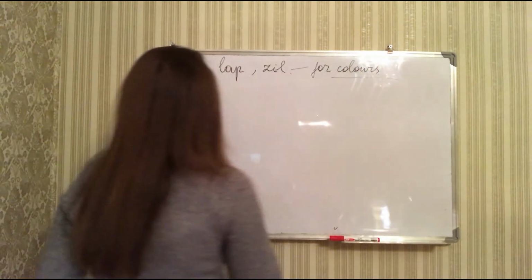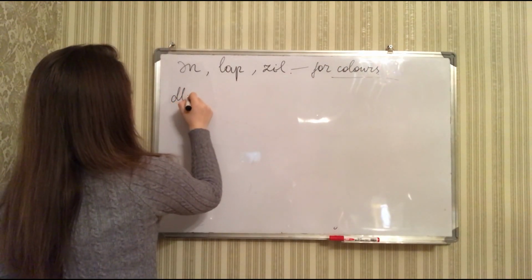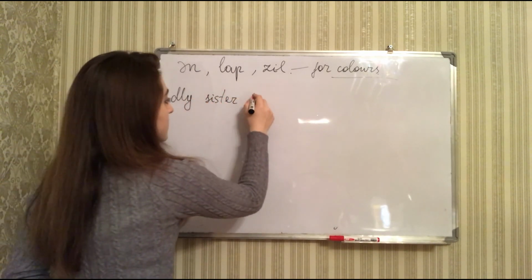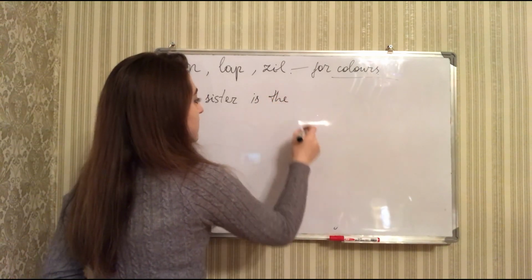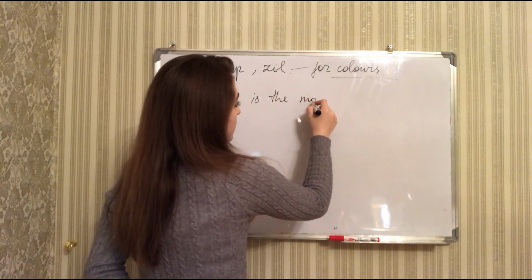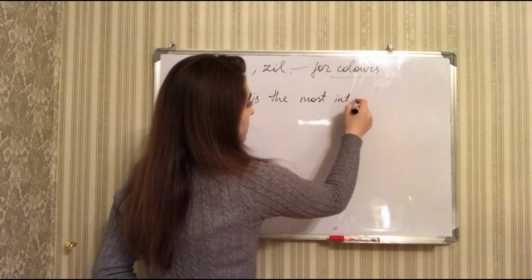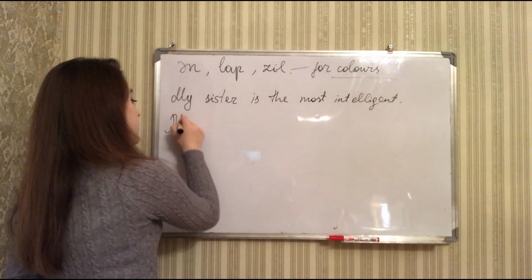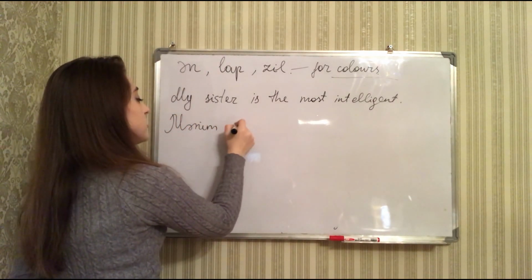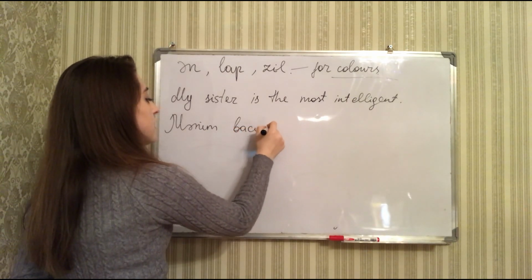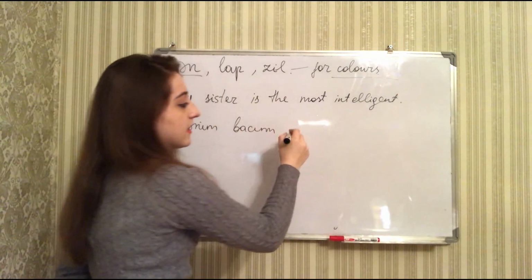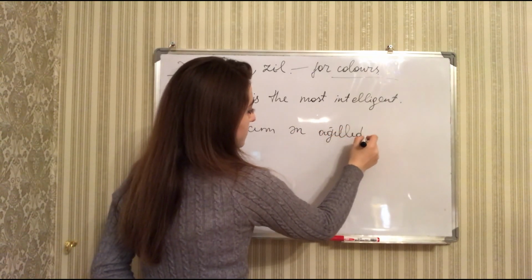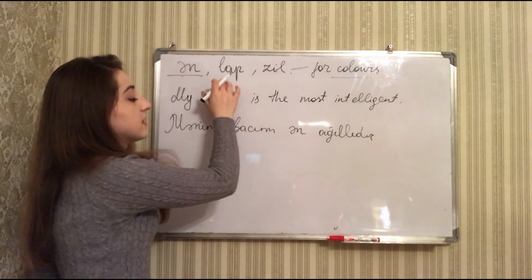Let's write some sentences. My sister is the most intelligent. Mənim bacım ən ağıllıdır. Or mənim bacım lap ağıllıdır.